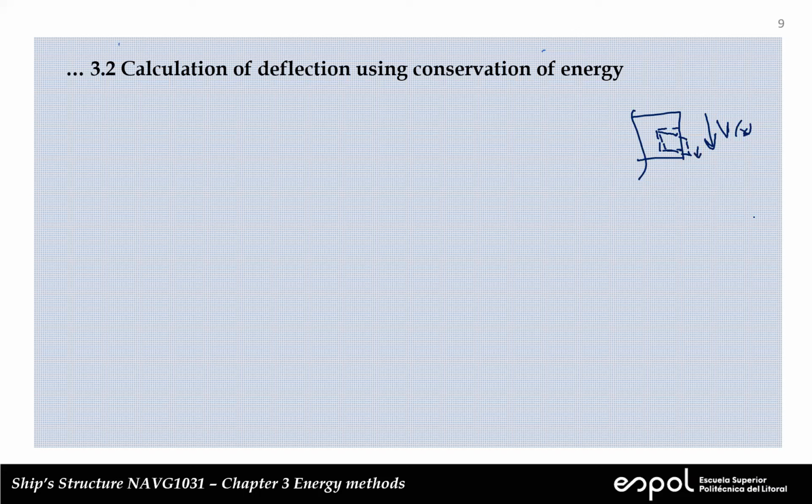So you apply a vertical force, you have some bending, you have the bending moment, you integrate twice and get the deflection. But because of the shear, you have this effect, and this effect causes an increment in the deflection. How much? That's what we want to calculate using this energy method.